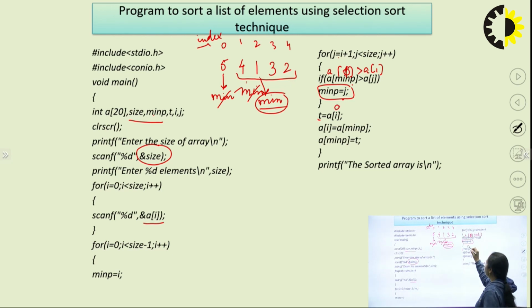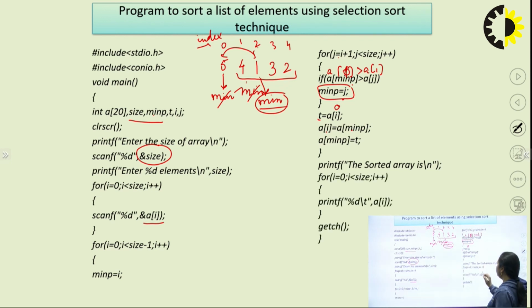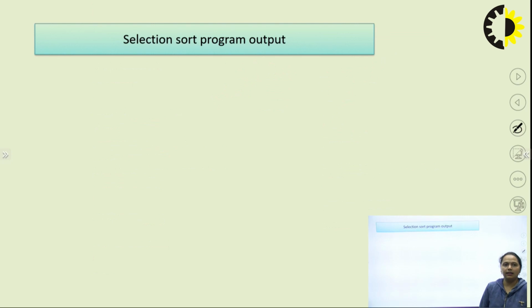So t is a[0], which is 5. a[i] is equal to a[minP], which is 2. So a[0] is equal to a[2] and a[2] is equal to 5. In this way we swap these two elements. After swapping we can print the desired result.